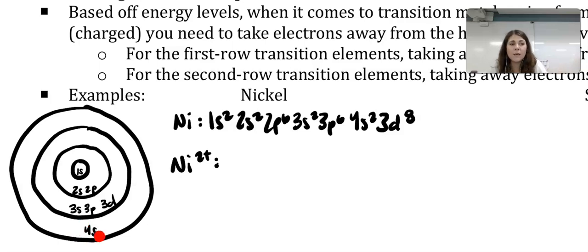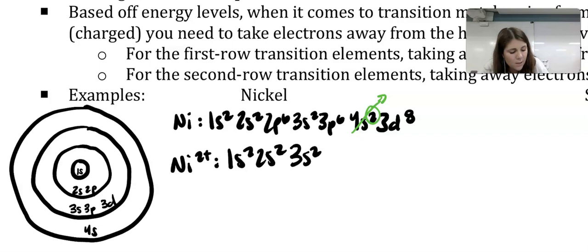Here, that has to be the 4s. So we will actually be removing these 2 electrons right here. To write the new electron configuration for this Ni2+, it will be everything but the 4s.